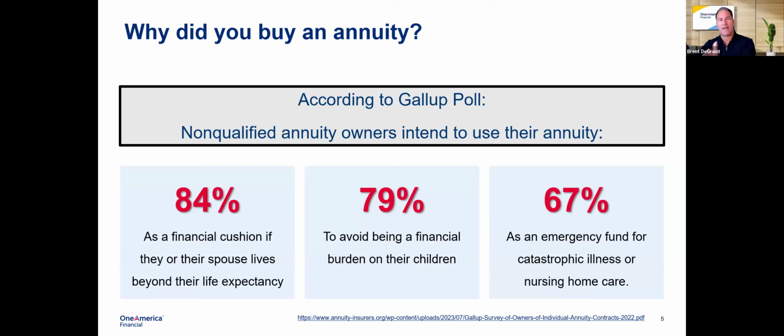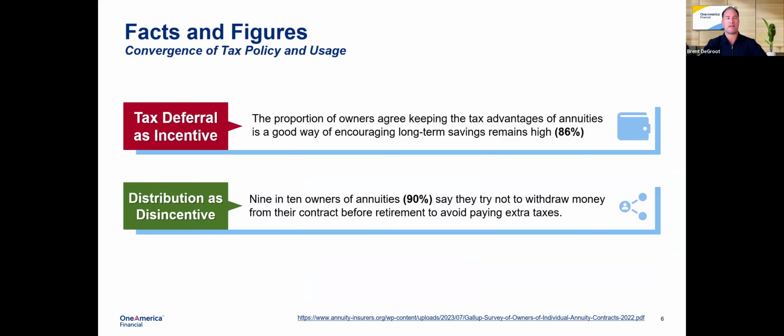So if we know that's essentially why they bought these annuities, we also need to look at why they started this whole process. Largely, many of those consumers said that tax deferral was a big incentive for wanting to purchase these annuities.